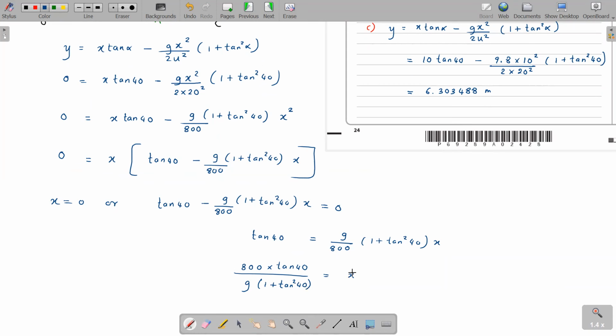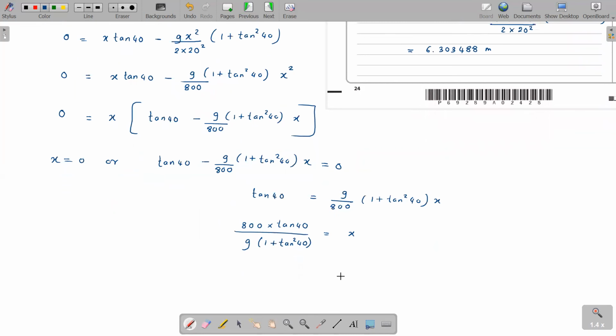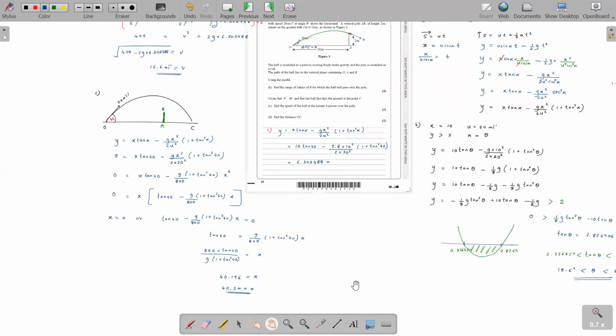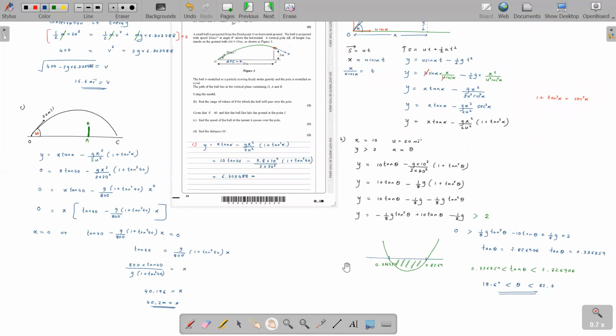Do you agree with me? So I get the answer 40.196, which in 3 SF is 40.2 meters. Yes, this is the end of the discussion of this paper. I hope all of you understood this.